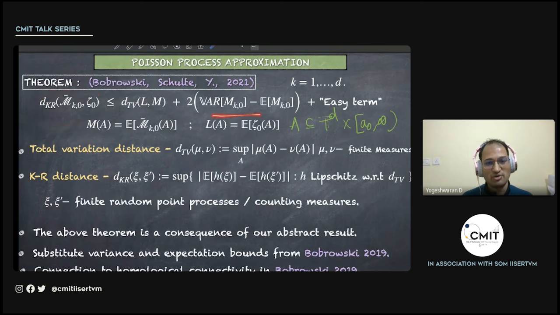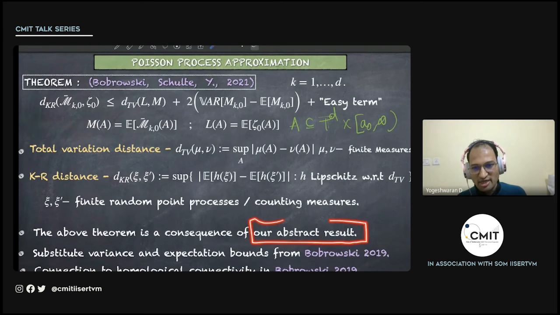If you can quantify this, you can quantify this. And there is an easy term. Let's forget the easy term for the moment. And now the total variation distance. I'm just recollecting all this. So I'm not going to state our main result due to lack of time. I was always ambitious about stating it.